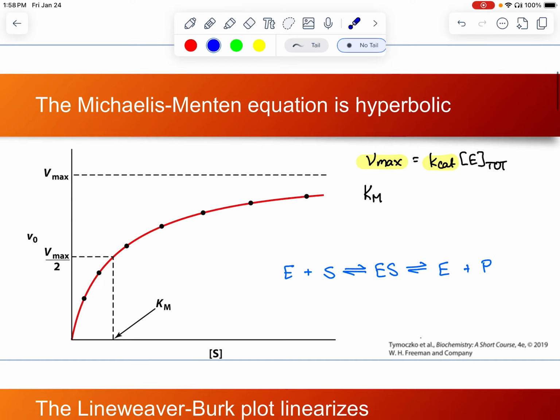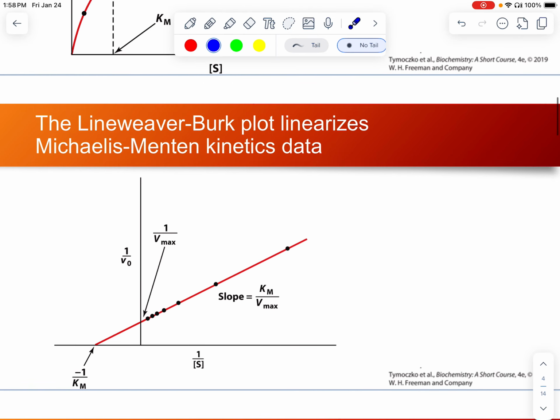All right, let's remember that we talked about the Lineweaver-Burk plot, and that is really useful because it linearizes our data. It makes it easier for us to see. Okay, so if you remember, this is a double reciprocal plot. So now instead of plotting the velocity of the reaction, we're doing 1 over velocity. Instead of the substrate, we're doing 1 over the substrate. Okay, and when we did this, we highlighted this point.